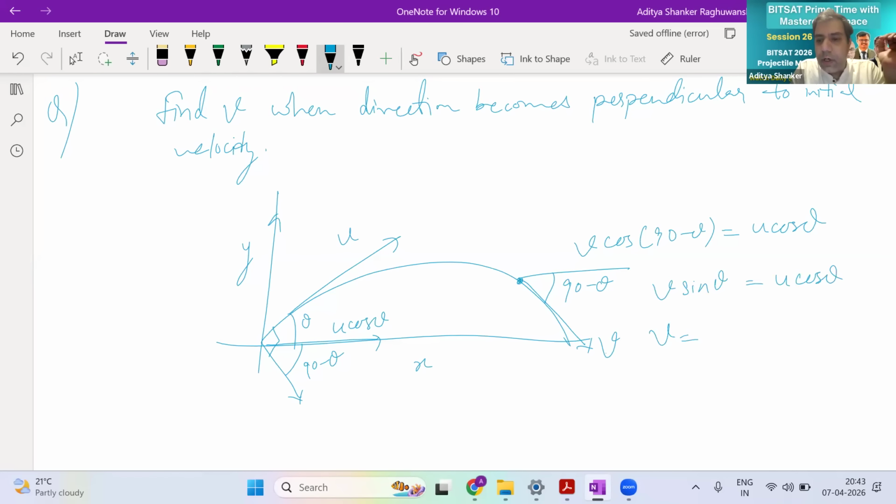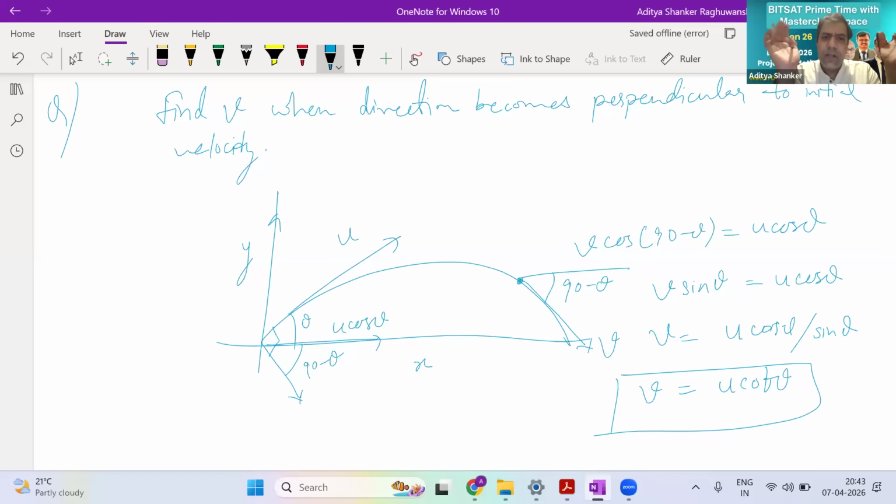So v comes out to be u cos theta over sin theta. That comes out to be u cot theta. Isn't it easy, guys? Tell me seriously, isn't it easy? So easy. Just you need to be conceptual.